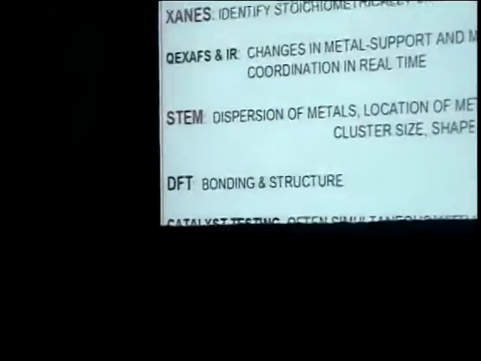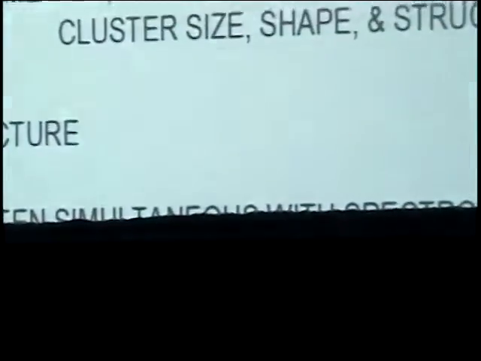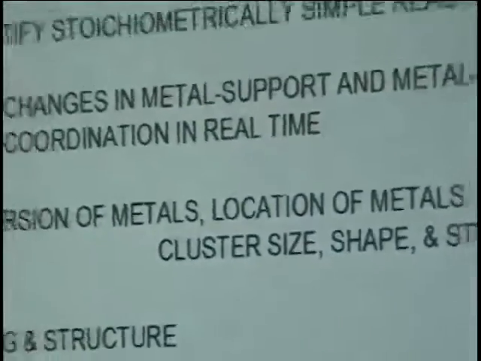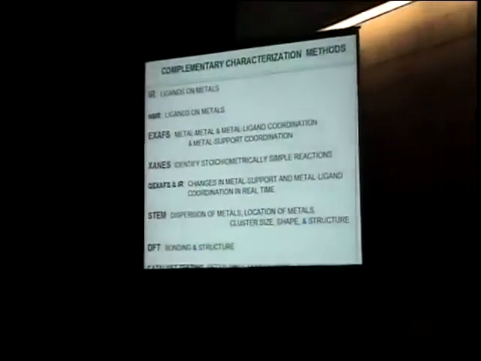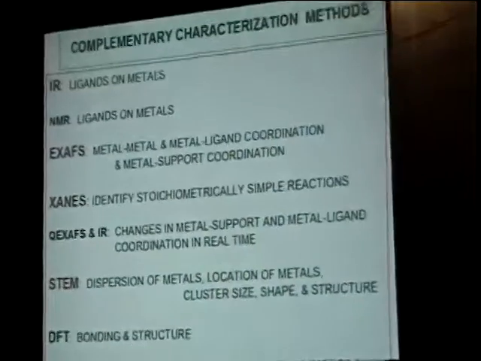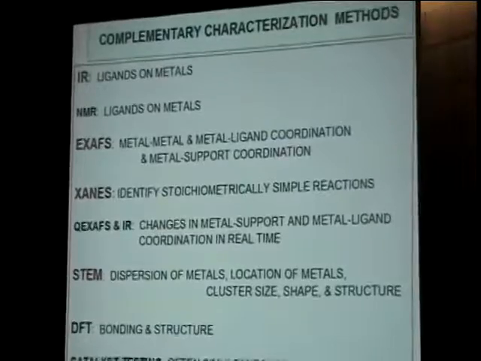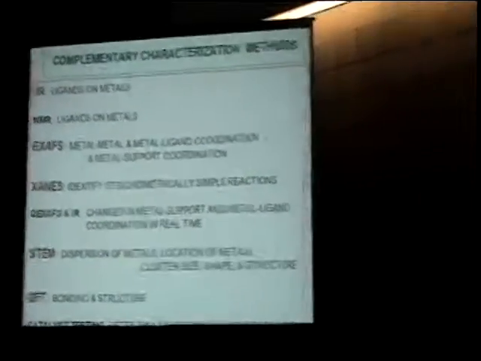And when there are isosbestic points, then we see we have a stoichiometrically simple conversion. Sometimes we do. And when we don't have those isosbestic points, then it's more complex stoichiometrically, which is typical. So we get a lot of information relatively straightforwardly just by looking at the XANES, even if it doesn't provide too much structural insight. Okay, so let's go back.